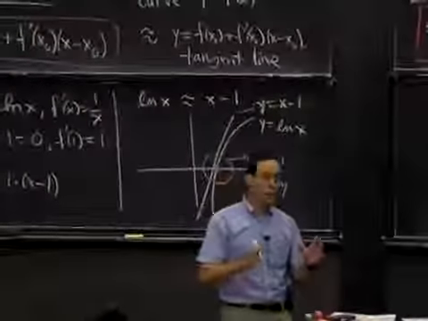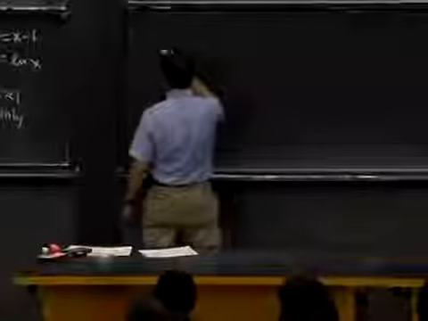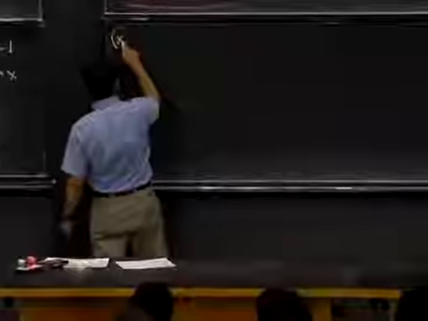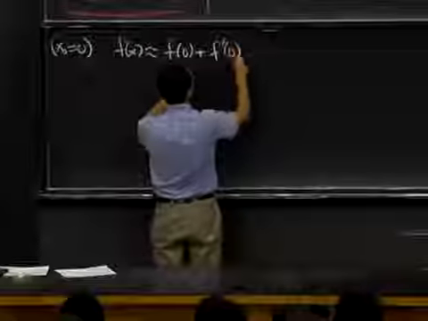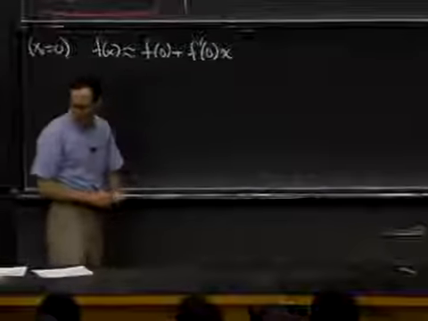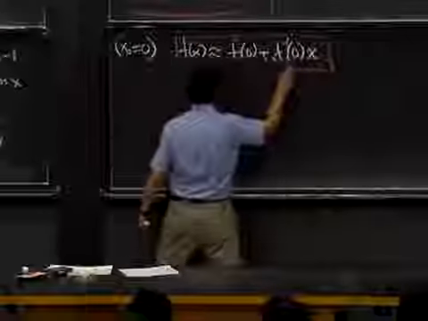And so one of the things that we do is we always use the base point x0. So I'm always going to have x0 equal to 0 in this standard list of formulas. And if I put x0 equals 0, then this formula becomes a little bit simpler to read. It becomes f of x is approximately f of 0 plus f prime of 0 times x. All right? So this is probably the form that you'll want to remember most.